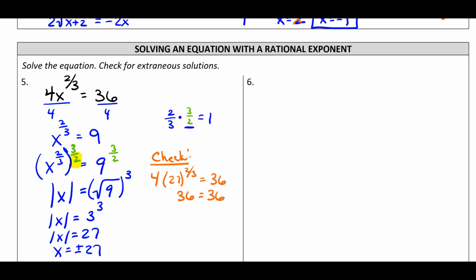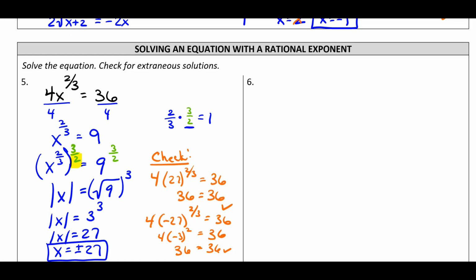I'm sure it does, because the cube root of 27 is 3, 3 squared is 9, 9 times 4 is 36. And the same thing when you plug in negative 27. We have the cube root of negative 27, which is negative 3, and negative 3 squared is positive 9. So you end up with 36 equals 36. So both solutions here are answers, plus and minus 27.